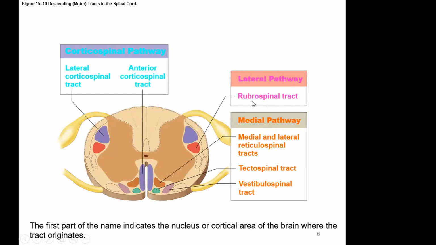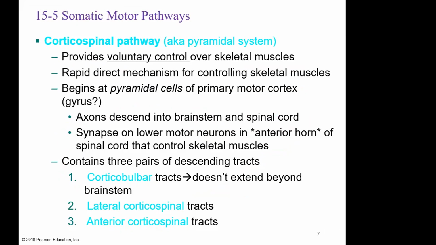So these other things are going to be throughout the PowerPoint. You'll see where it all starts, whether that's going to be in a nucleus or a cortical area of the brain. But that is your picture if you are the visual learner that needs to draw things out to help you remember them.